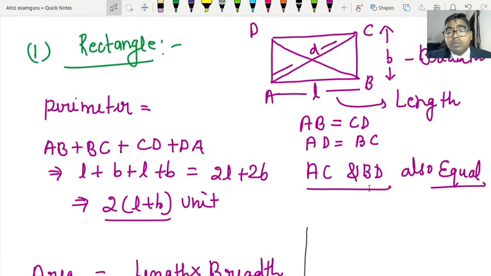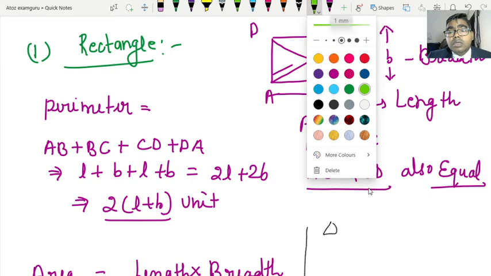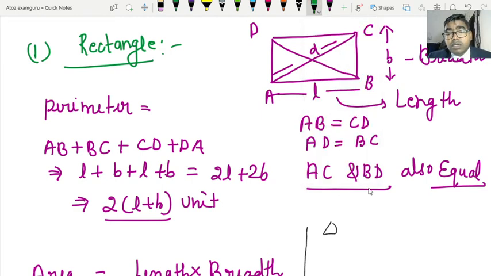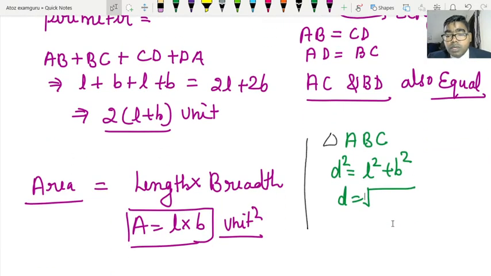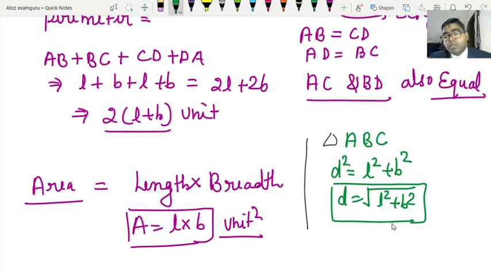So in triangle ABC, D square equals L square plus B square. So D equals under root of L square plus B square, right friends?